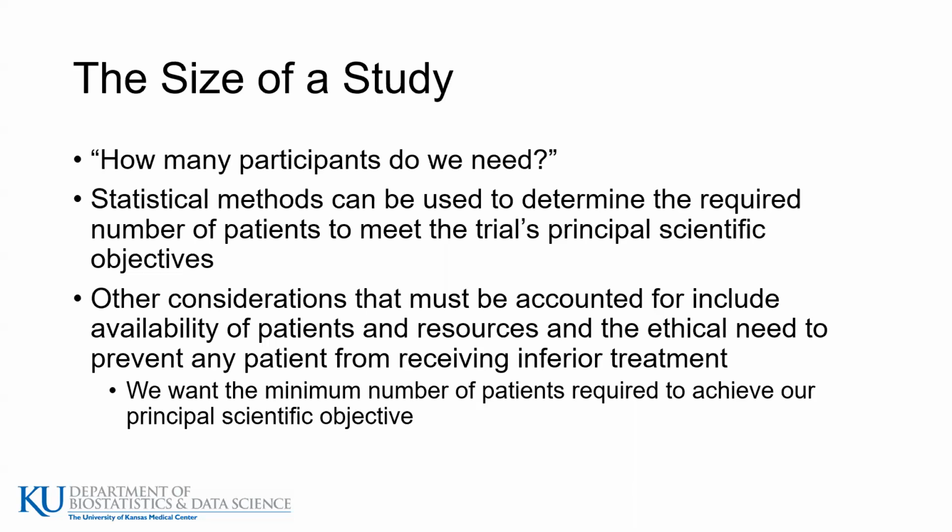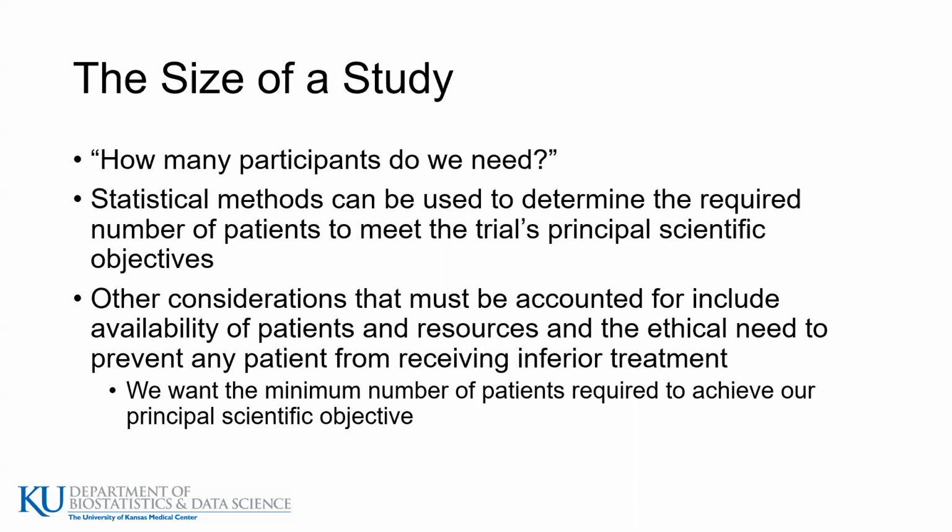Other considerations may include the availability of patients. This is a part of what goes into determining a sample size. Part of it's statistical, but you also need to look at the patient pool that you're drawing from to see if it's even feasible to recruit as many subjects as you need.